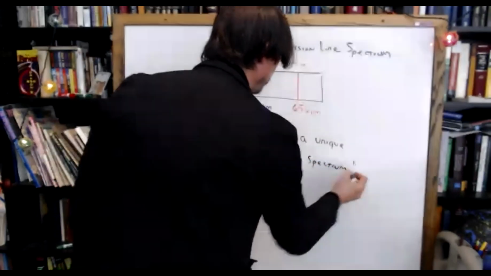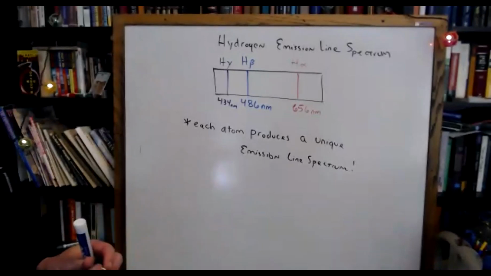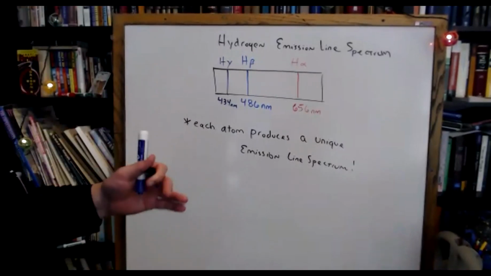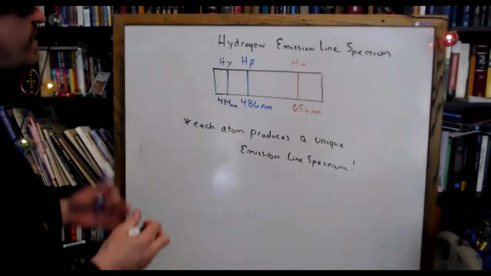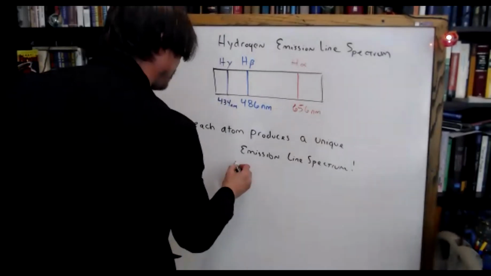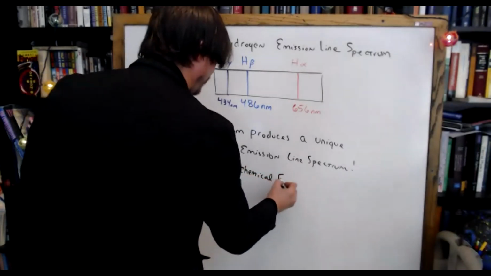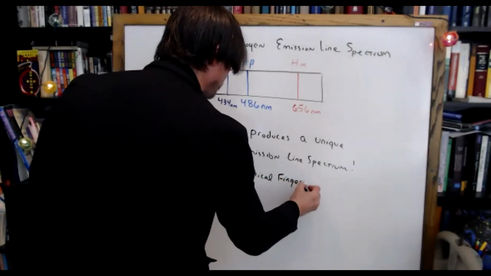Each atom produces its own unique emission line spectrum that helps you identify that atom when you break light apart into its component wavelengths. Sometimes people refer to it as a chemical fingerprint, but in light.